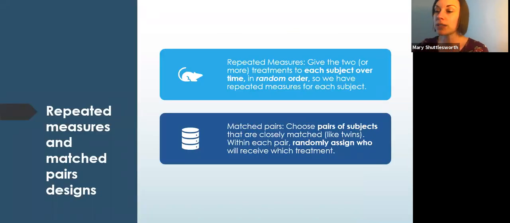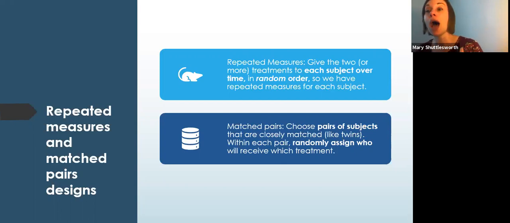All right, so let's talk about some additional types of experimental designs. One of the types of experimental designs that you might see is something called repeated measures. With repeated measures, the exposure to the independent variable is repeated. So the same person is experiencing the independent variable in random order.